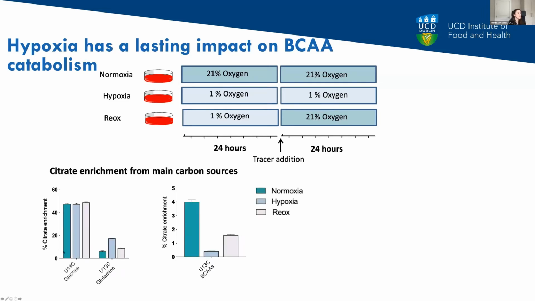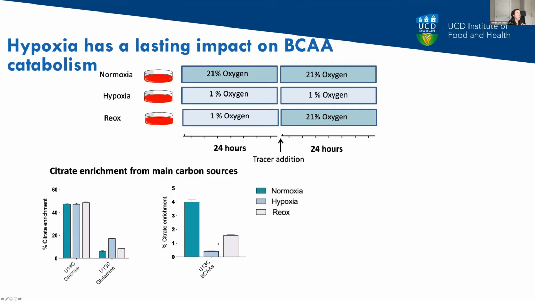When we looked at citrate enrichment from glucose, you can see that this was minimally changed with both hypoxia and reoxygenation. So although total flux of the TCA cycle was decreased, the relative contribution of glucose to that citrate pool was maintained with hypoxia. Whereas the contribution of glutamine increased with hypoxia, which is quite well established in other cell lines, but it recovered relatively quickly and went back down to normal levels.